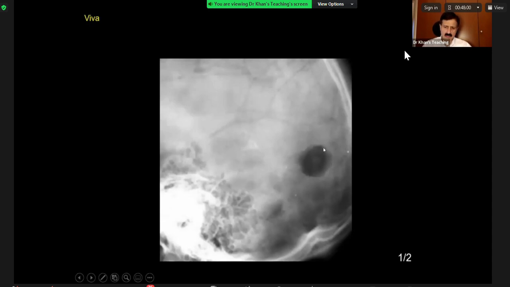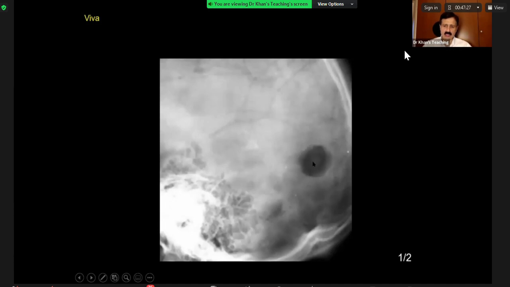Now the learning points here, which are very well described by candidate 6, are beveled edges. Beveled edges mean that there is bony destruction of a different magnitude of the outer table and the inner table. If you see the edge, it will give you this faded type of appearance, which you can see here. So this is one and this is second, and this will give you an appearance as you are seeing it end on.